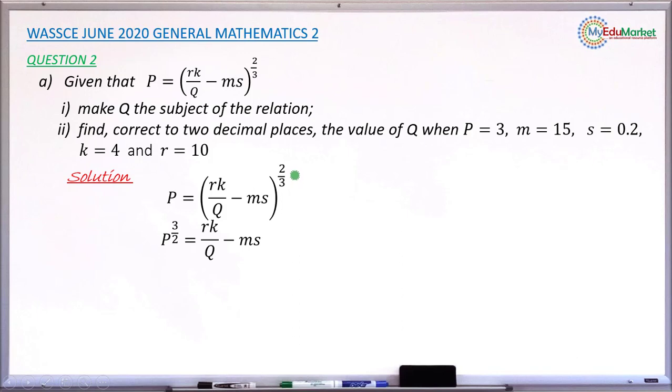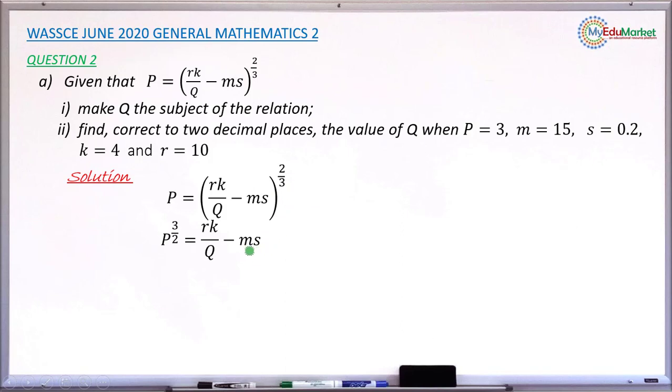The 2 over 3 and 3 over 2 change to 1. So you just have RK over Q minus MS, and that bracket raised to the power of 1. So we continue.